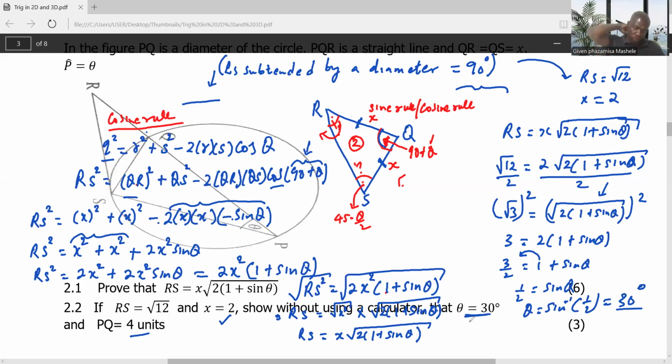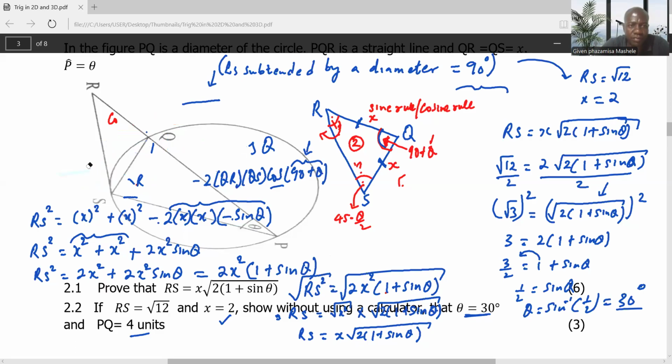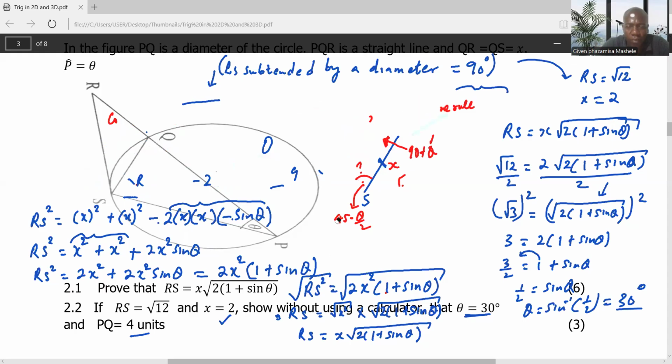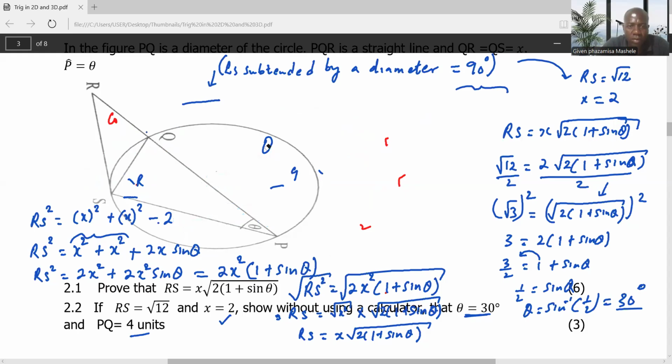But now we also want to show that PQ is equal to 4. Where's the PQ? Let's trace where we have the PQ. Remember, I wanted to show that theta is 30 and PQ is 4.